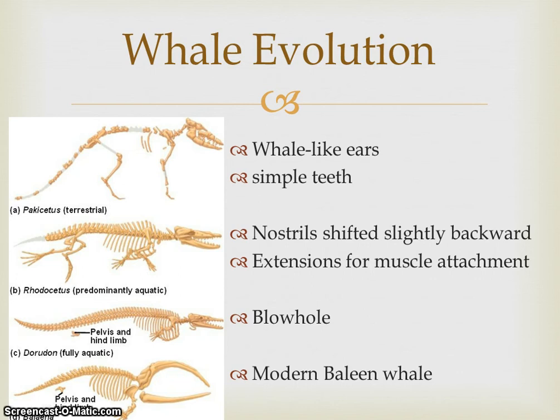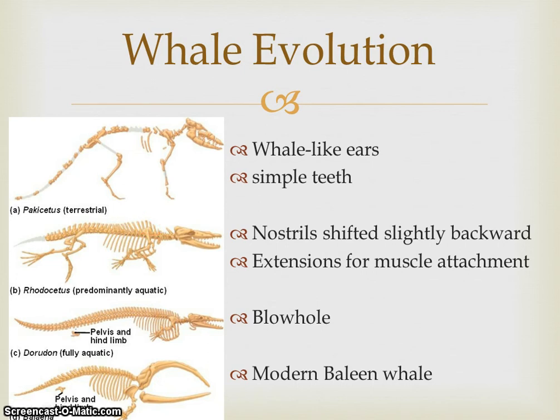The next transitional form, Rhodocetus, was a mostly aquatic species. It still had 4 distinct limbs, but its nostrils were shifted slightly backwards, and it had these extensions for muscle attachment that would make it a very strong swimmer.